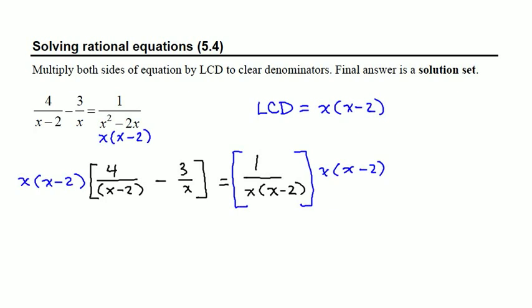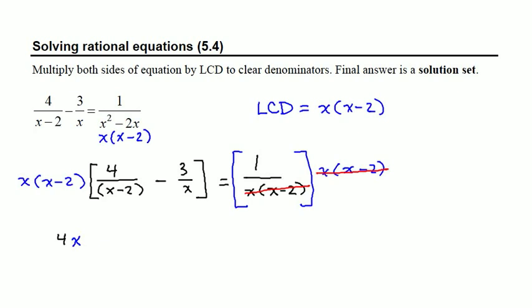After doing this, on the right we can see that both factors just cancel out completely and all I have remaining is 1. On the left-hand side, I can see that the cancellation is a little more individual. From this first term, the x minus 2 cancels, and I have remaining 4 from the numerator and x from the LCD.